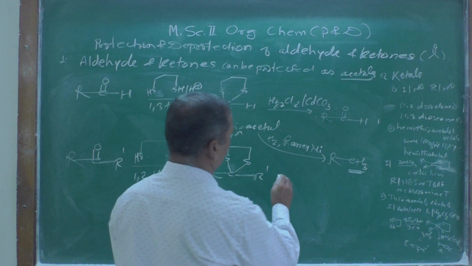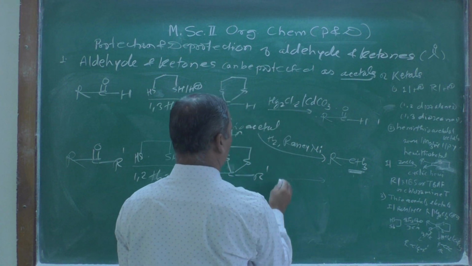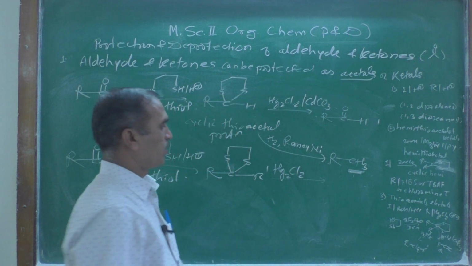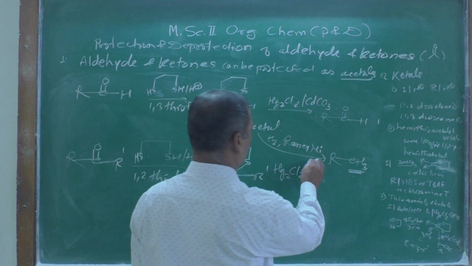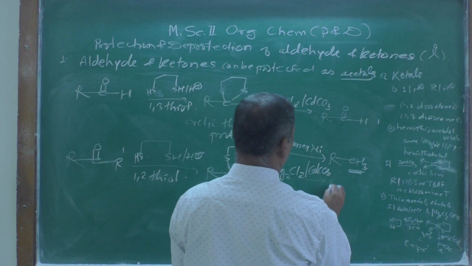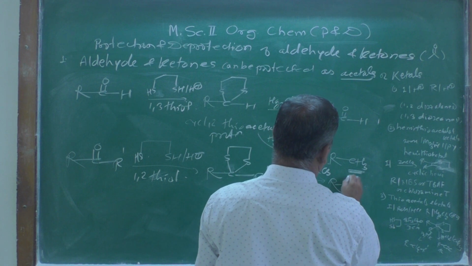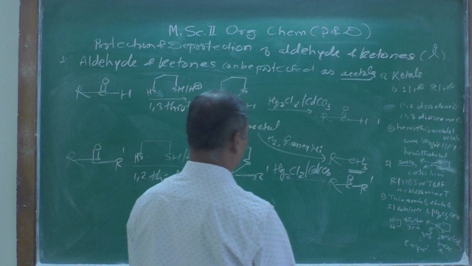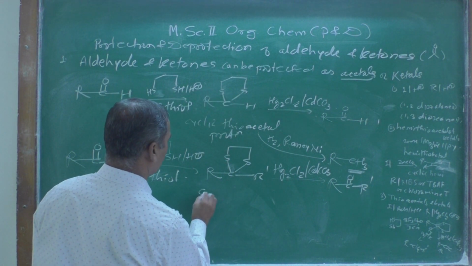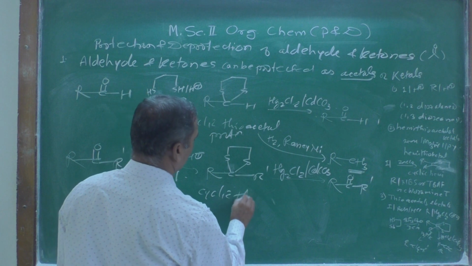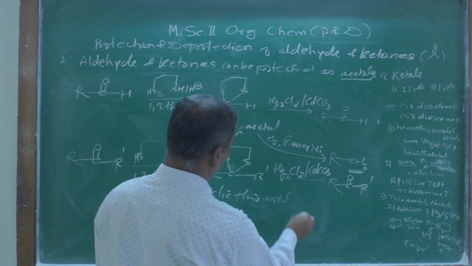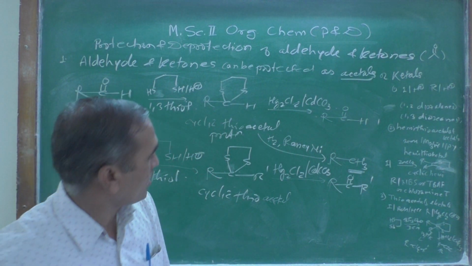And for the deprotection, we can use HgCl2, mercury chloride in presence of cadmium carbonate. The resulting product obtained will be RC double bond O R dash ketone here. If this is an aldehyde it is known as a cyclic thioacetal formation, not cyclic thioketal.